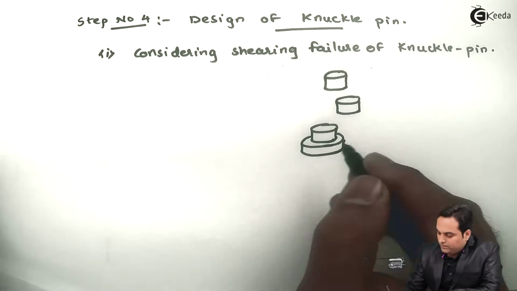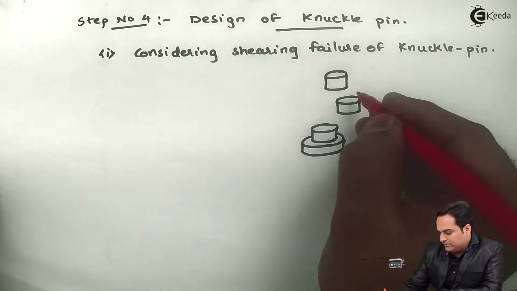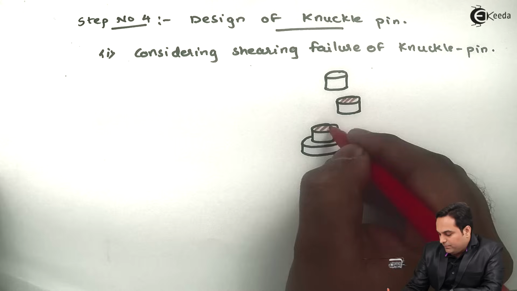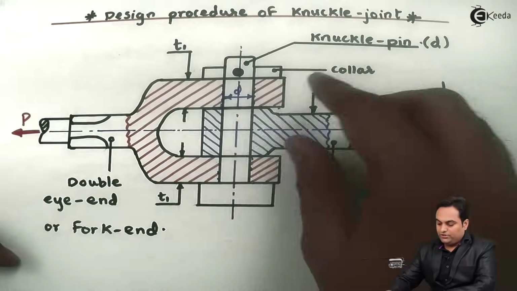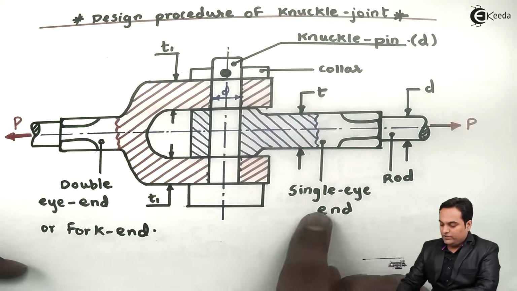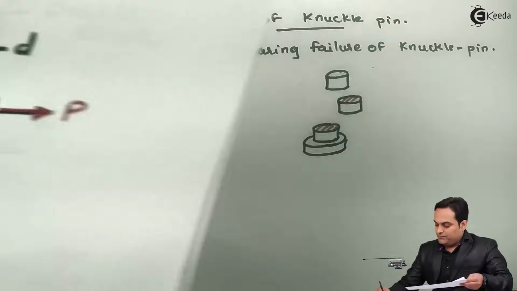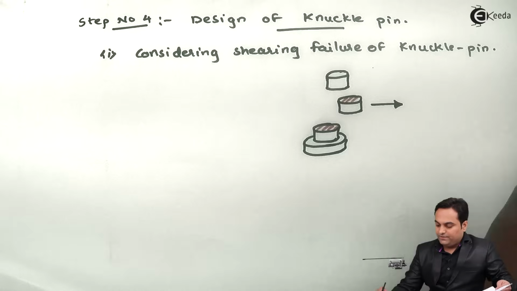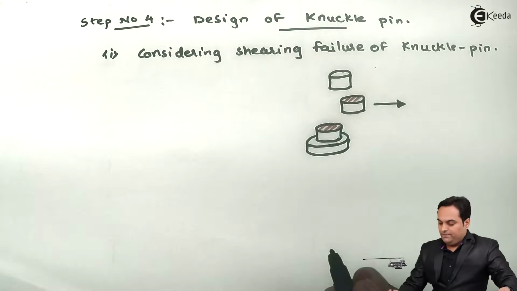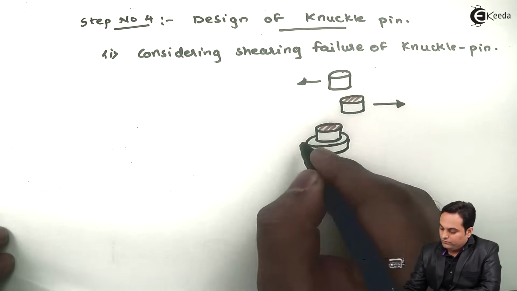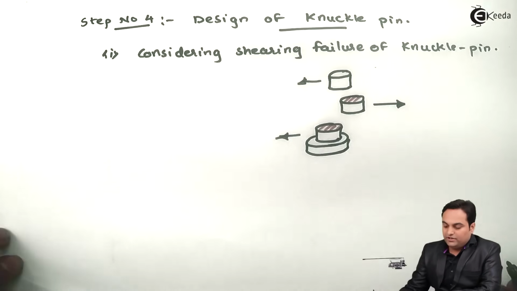Now the knuckle pin would be shearing in this form, that is, it will be breaking into 3 parts. As we can see, the middle portion of the knuckle pin is with the single eye end. So this portion will shear with the single eye end, and the top and bottom portions are with the double eye end, so they will go towards the left and it will be shearing this way.